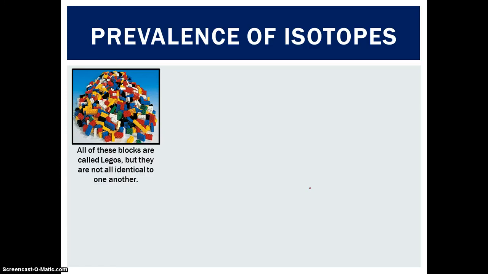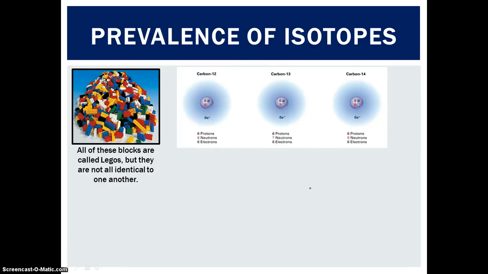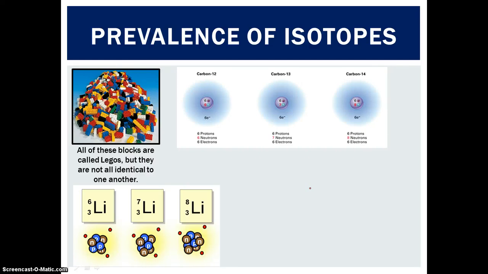So let's compare this. Just think of an analogy, and we'll work on another analogy tomorrow with candy. All the Legos in the box, all the blocks are called Legos, but they're not identical to each other. In the same way that all of these are called carbon, but they're not identical to each other. And all of these are called lithium, but they're not identical to each other.